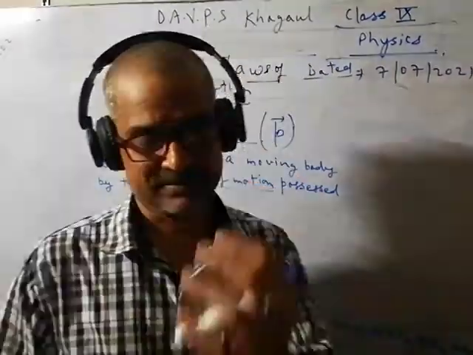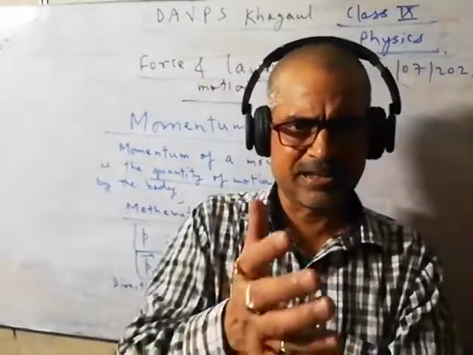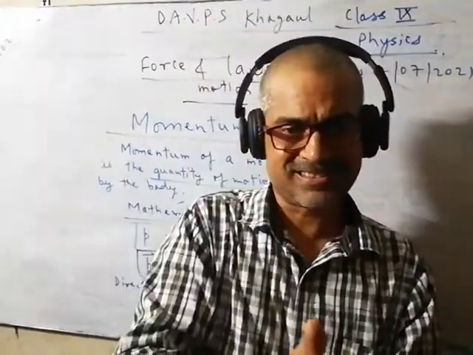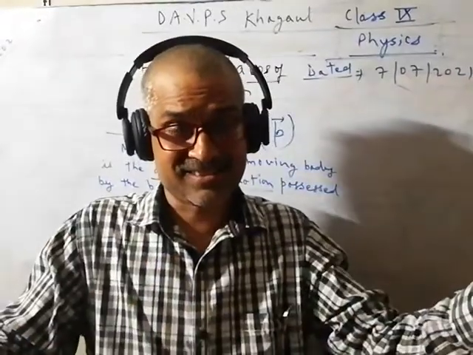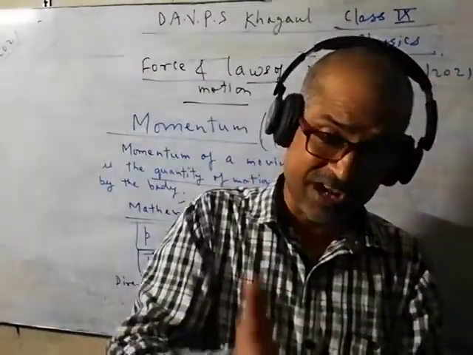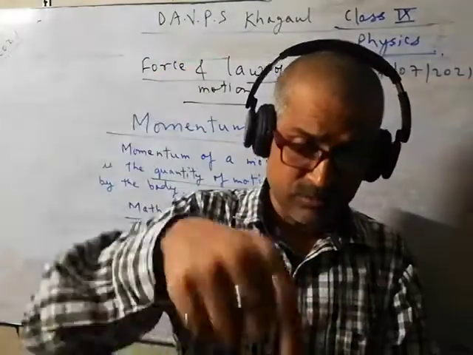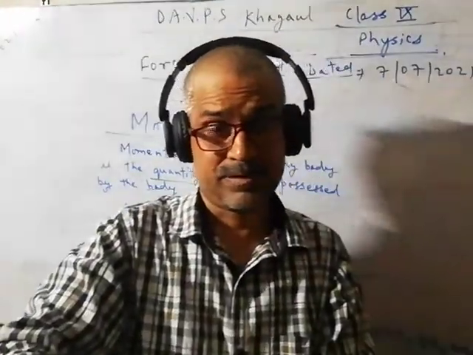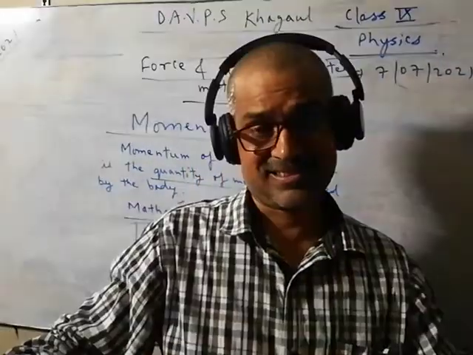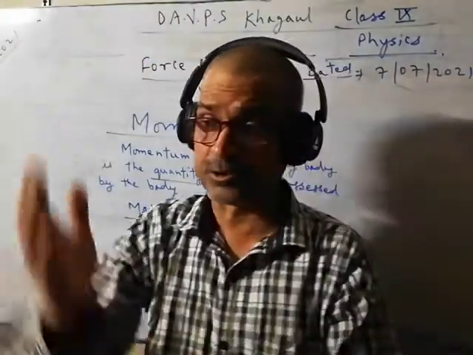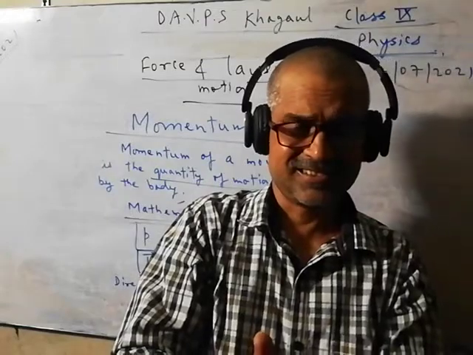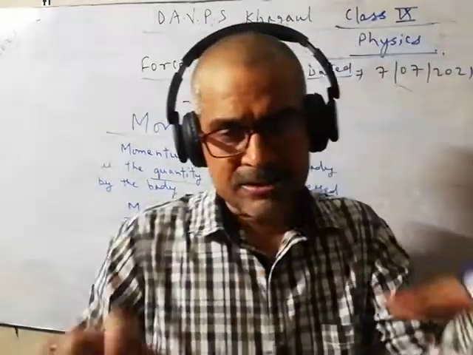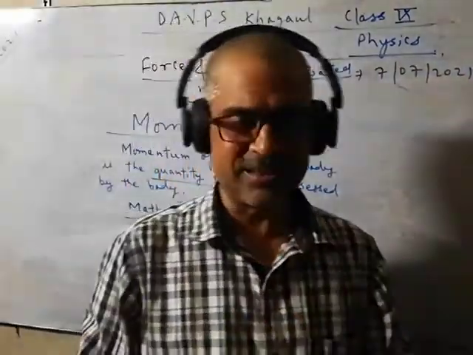Like a karate player. How does the karate player break bricks or piles of bricks? Due to high momentum, it transfers from the hand to the brick and it breaks. So how is high momentum created? Due to the high velocity of the karate player. So momentum plays a very important role in day-to-day life.